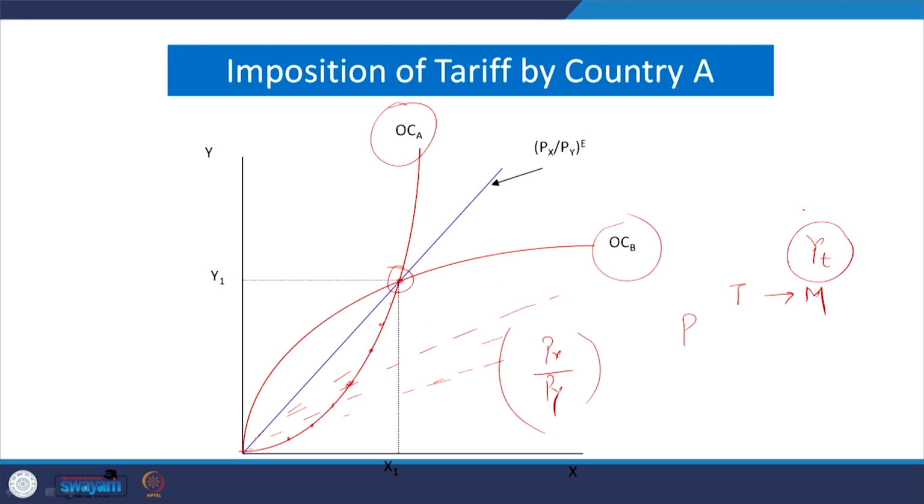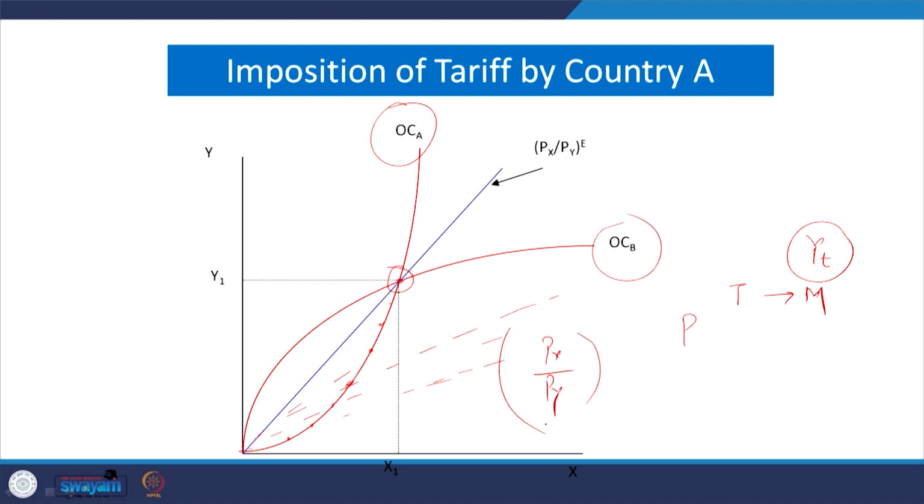If a tariff is imposed on imports, the international demand for imports actually declines. This leads to a lower price of imports in the international market.